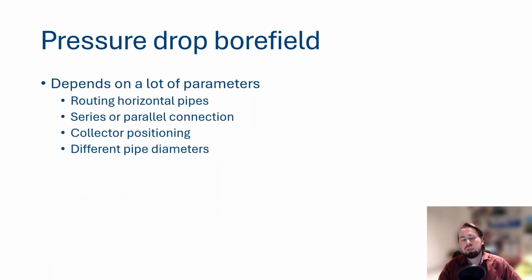Now, if we want to calculate the pressure drop across the whole bore field, which is important for a pump design and the estimation of the energy consumption of the circulation pump, it depends on quite a lot of parameters.